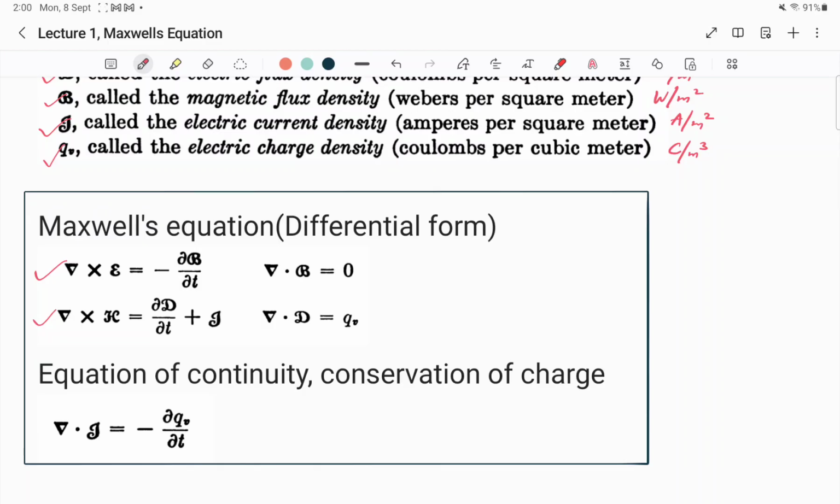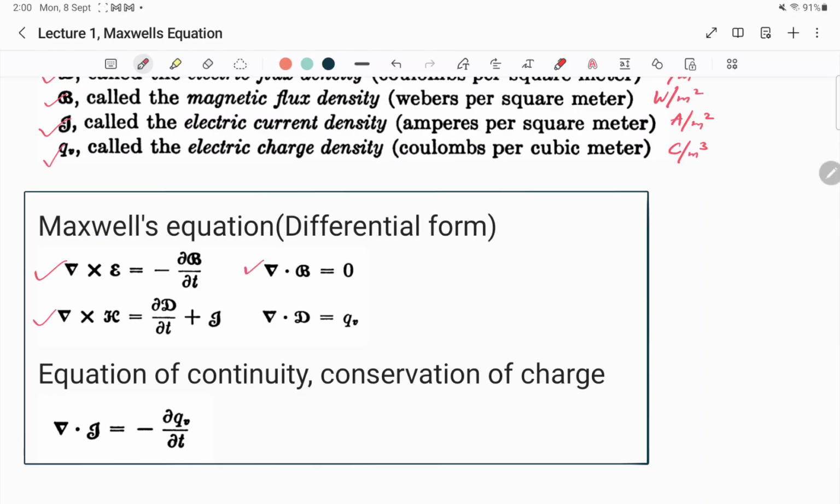It tells us that the curl of magnetic field H is equal to the time derivative of electric flux density D plus the conduction current density J.